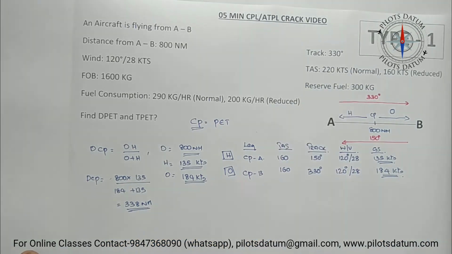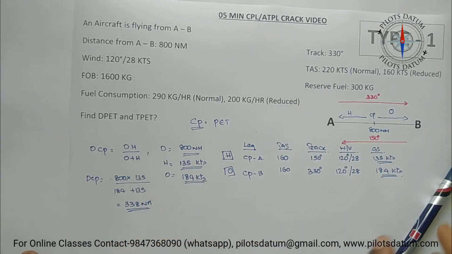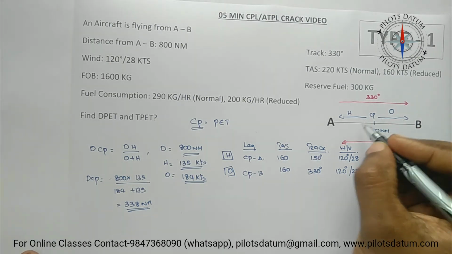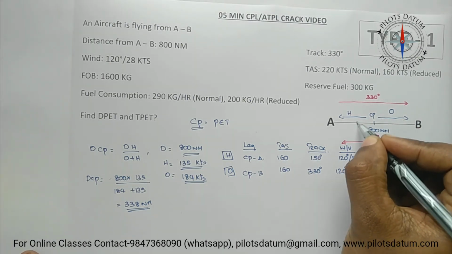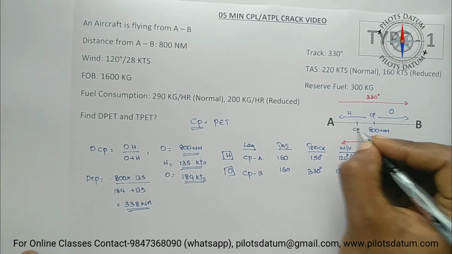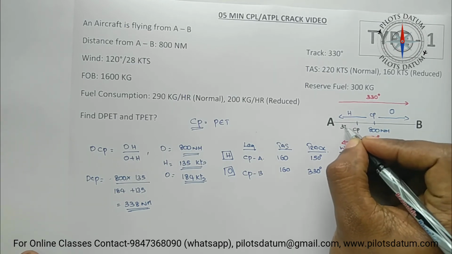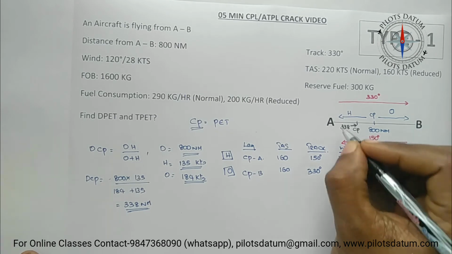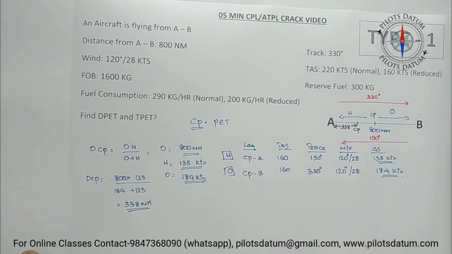Clear? That means we got the CP at around here. CP is around 338 nautical miles from A.